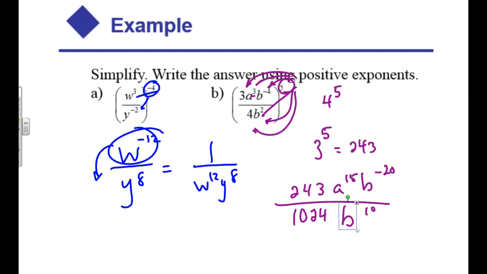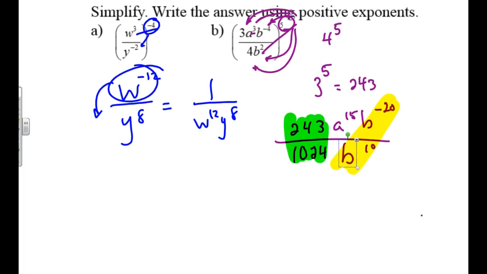It looks like I can take care of at least my b terms. I don't know if 243, if there's a common factor I would try to reduce. I don't think that's going to reduce. I'm trying to think of it doesn't divide by 2 or 3, 5s or 7s. So I think I'm going to leave the 243.